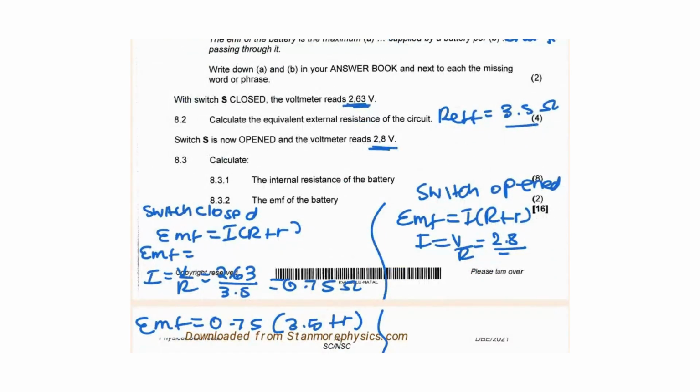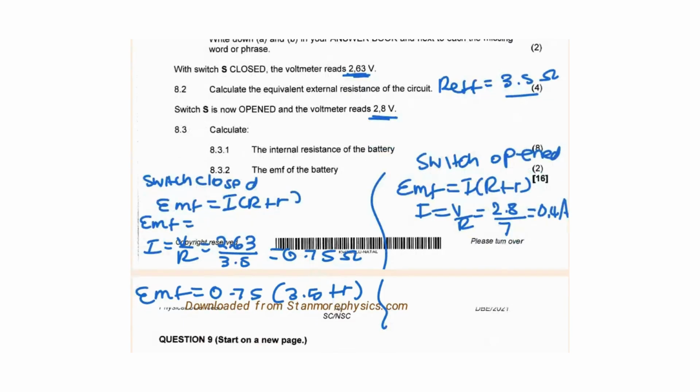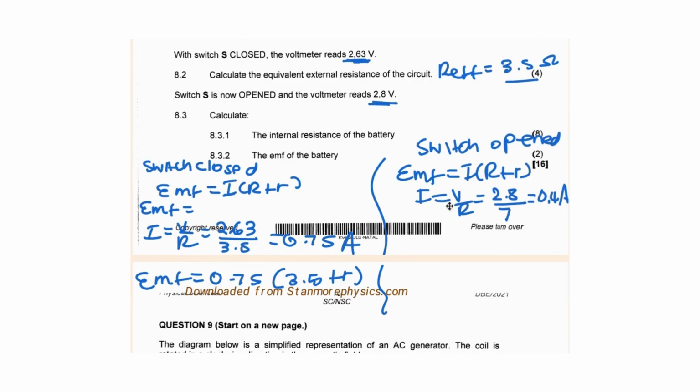So 2.8 divided by 7 gives me 0.4 amperes. That is not ohms, sorry guys, that is amperes. So now I substitute I equals 0.4, and big R is 7 plus small r.